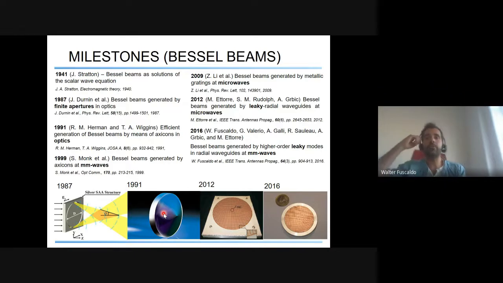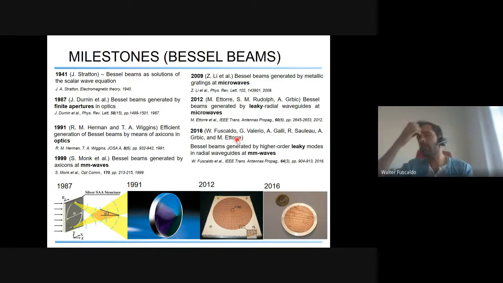And only after about 20 years did the first realizations of Bessel beams appear in the microwave range, both based on leaky wave mechanisms that I will explain in the next slide. The first one was proposed in 2012 by Mauro Ettorre, Scott Rudolph, and Anthony Grbic, and was based on a leaky radial waveguide operating at 10 gigahertz.